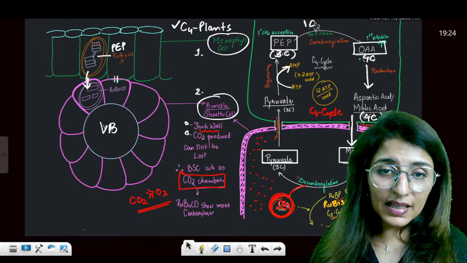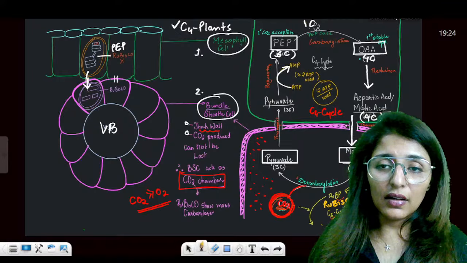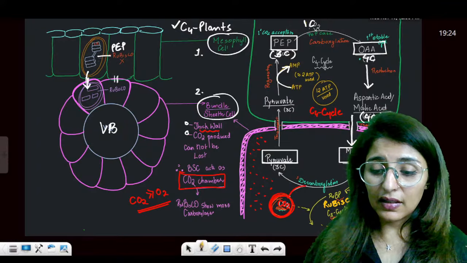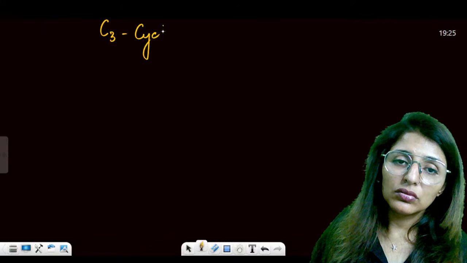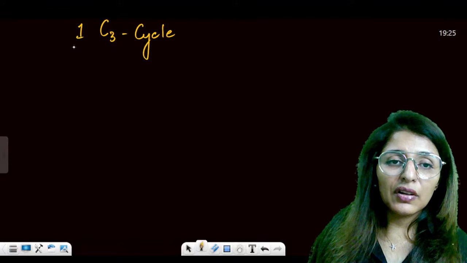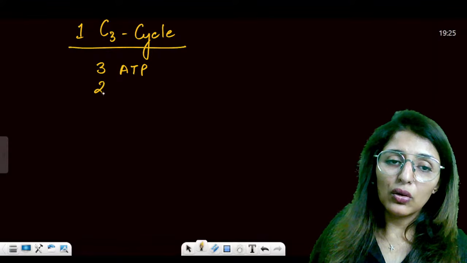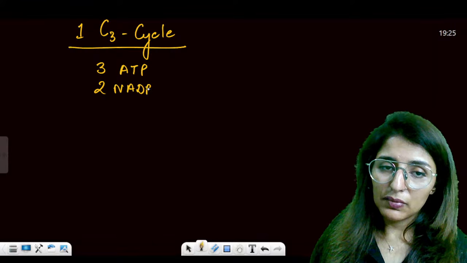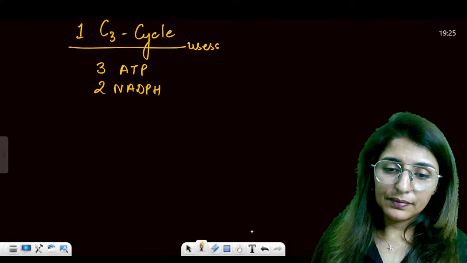Right? Now let's see the expense of energy here. During one C3 cycle, we know there are 3 ATP molecules and 2 NADPH molecules used.